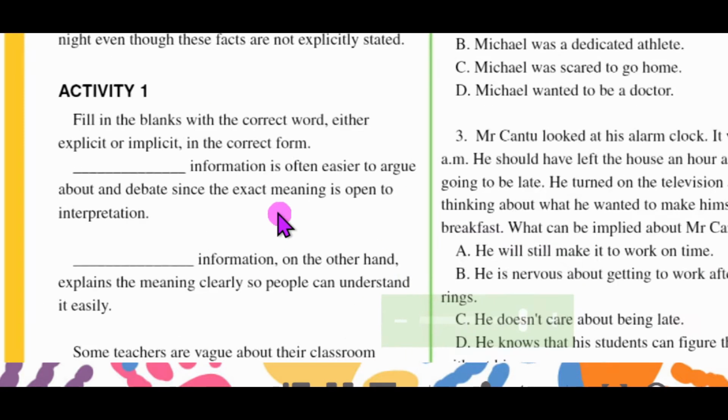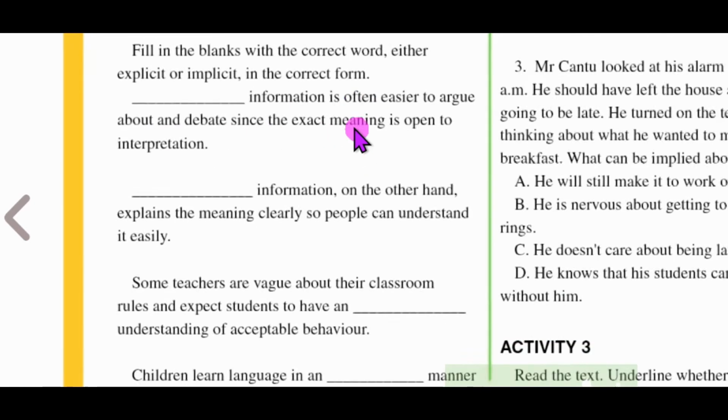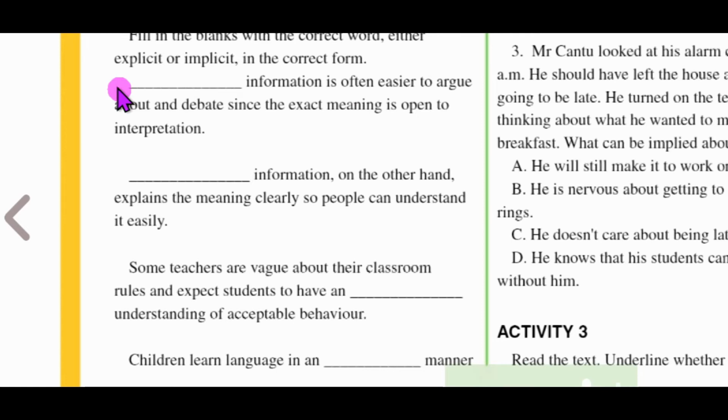So here we have some activities. Activity 1: fill in the blanks with the correct word, either explicit or implicit, in the correct form. "Dash information is often easier to argue about or debate since the exact meaning is open to interpretation."